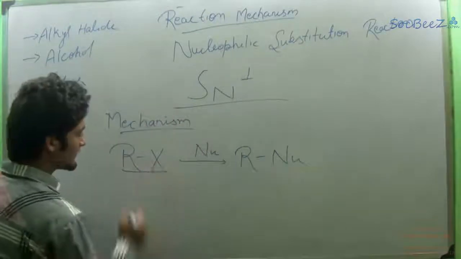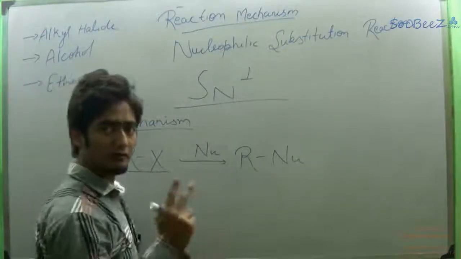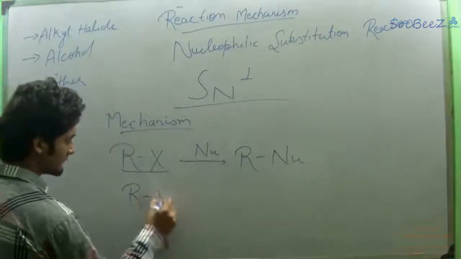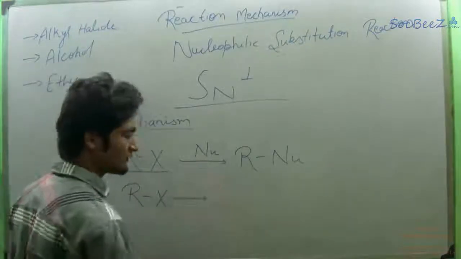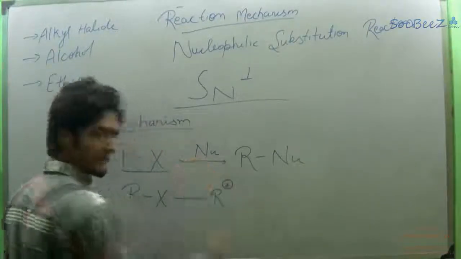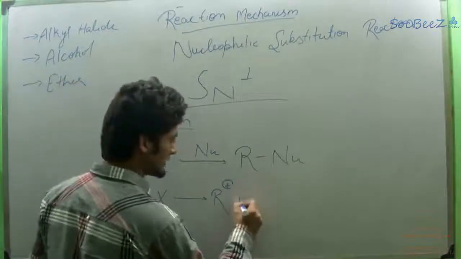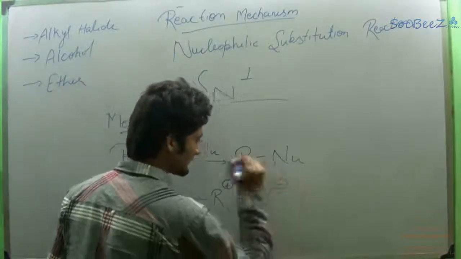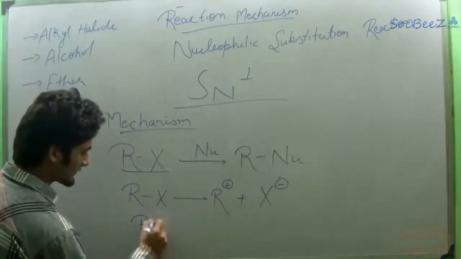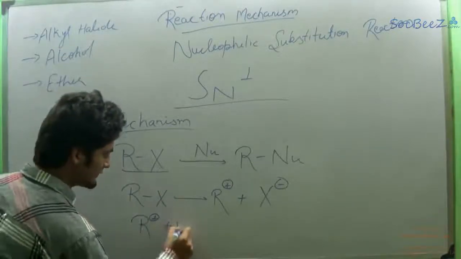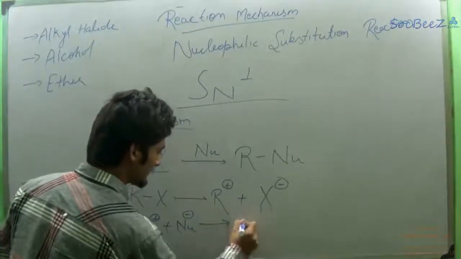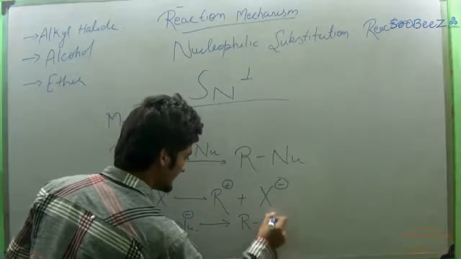In mechanism we will see that SN1 is a two-step process. In the first step, this RX breaks into two parts, giving us a carbocation and a negative halide X minus. In the second step, this carbocation is attacked by a nucleophile, giving us our product.